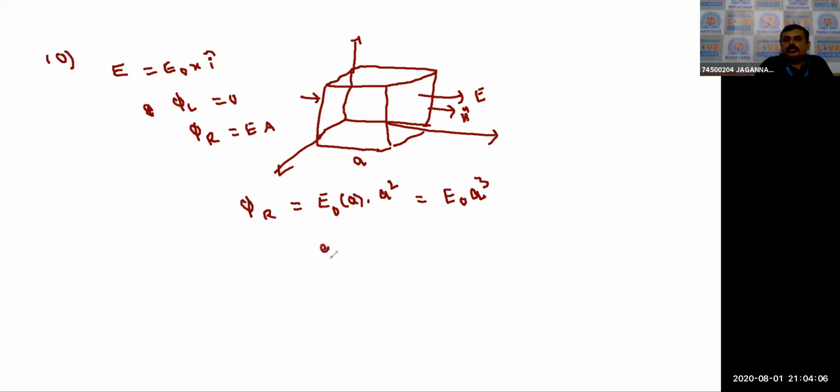Now, according to Gauss law, the net flux is equal to Q by epsilon naught. The net flux is the right side flux plus the left side flux, which is E naught A cube. So E naught A cube equals Q by epsilon naught, then Q equals epsilon naught E naught A cube.